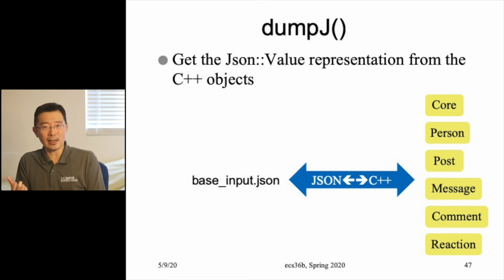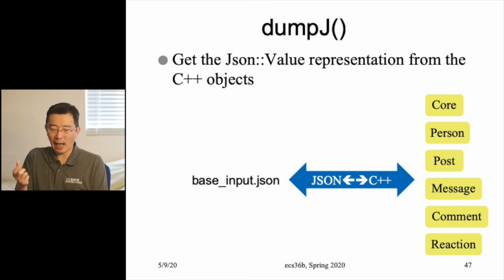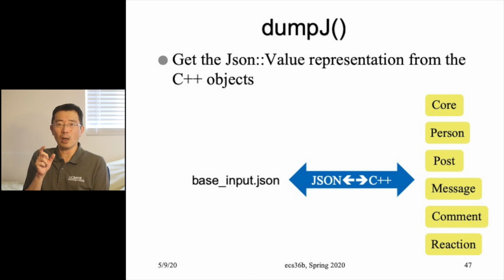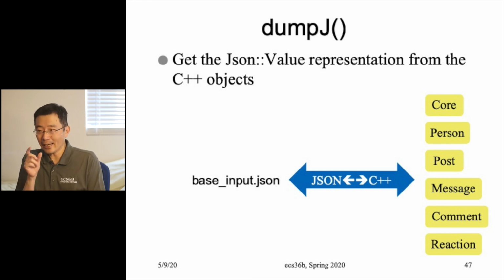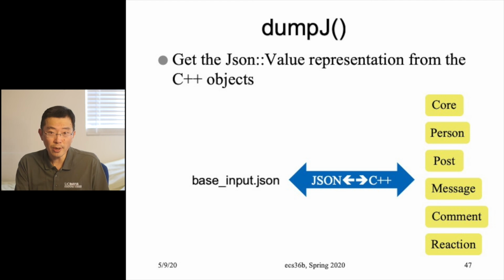This is the nice thing about the object-oriented paradigm: I break things into small concepts called objects. I only need to write dumpj for each small routine, which is a lot easier to develop.